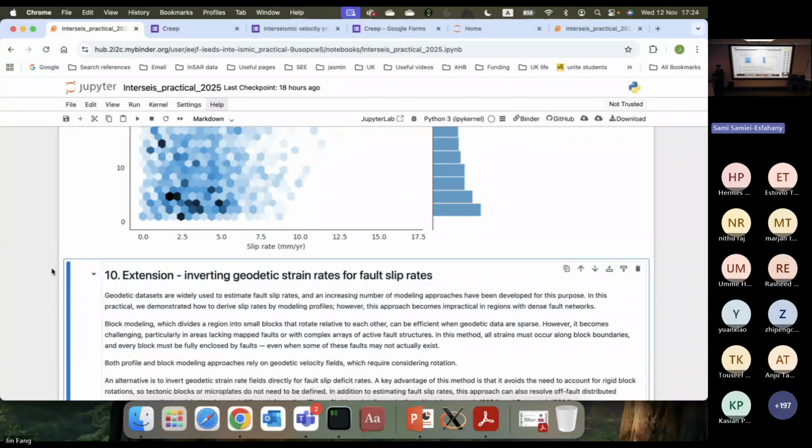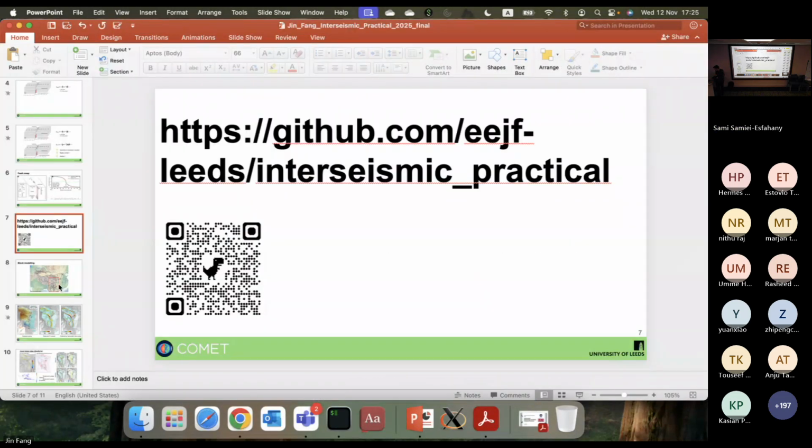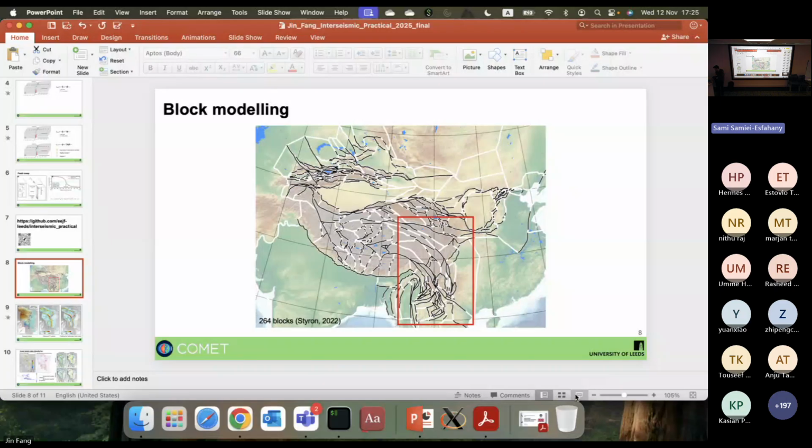So far, we've shown that by modeling velocity profiles, we can get slip rates and locking depth, but we don't want to take lots of individual profiles, especially with very dense fault networks. So that's where block modeling comes in.